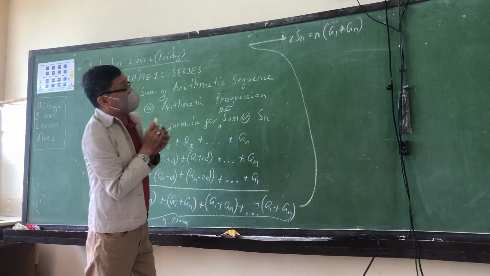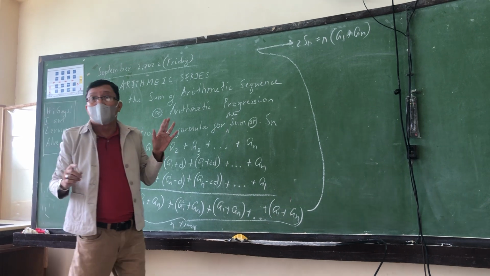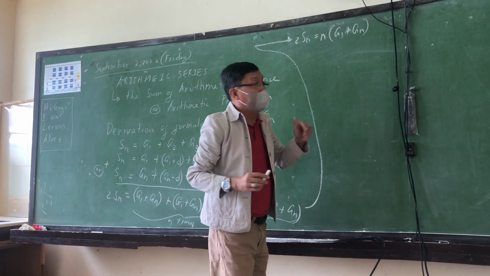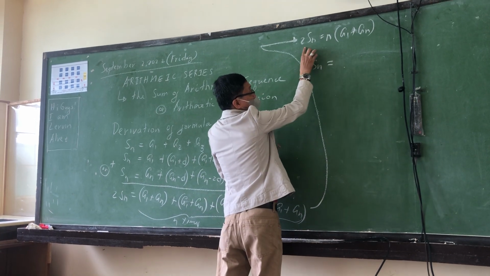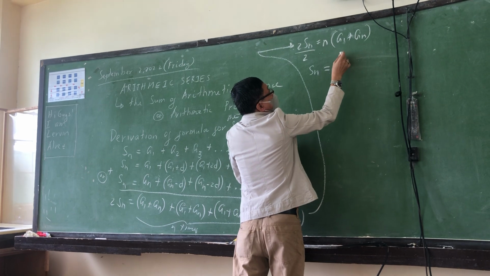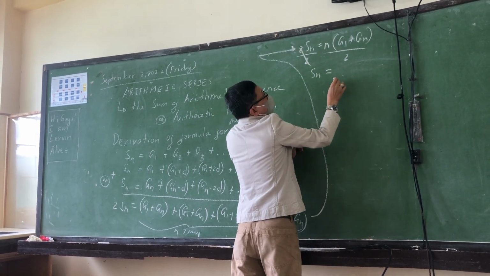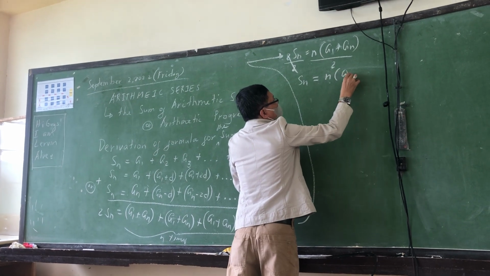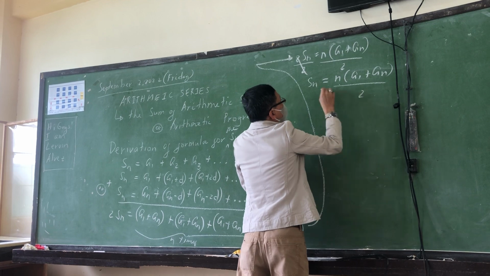Now, in order to get the sum, what do we do here on the left side? In order to have this, we divide this by 2. And then, divide this by 2. Cancel this. And then you will have n times the quantity of a sub 1 plus a sub n all over 2.